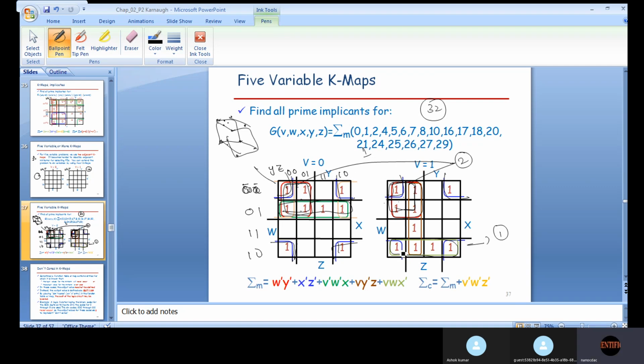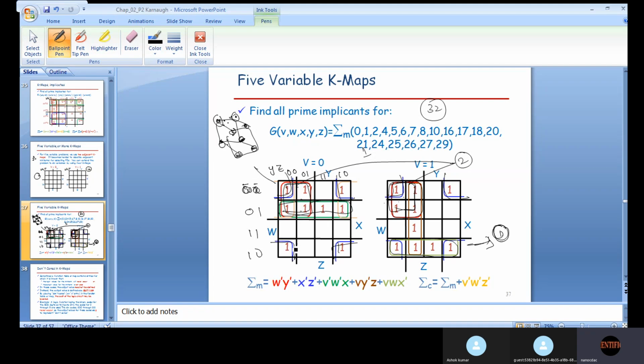So if you see this one first, how do you write the equation for the product term for the first group? The first group means all the corners, these corners and the adjacent corners below, if you are grouping them together. What will be the equation if you are grouping them together?